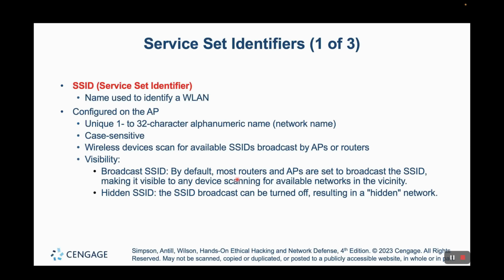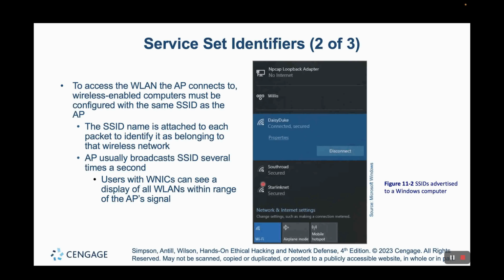By default, most of them are set to broadcast SSID, which makes it visible to anybody who wants to connect to your wireless network. Now, you could hide it by turning off the SSID broadcast, but it's not a security measure against determined hackers, by the way.